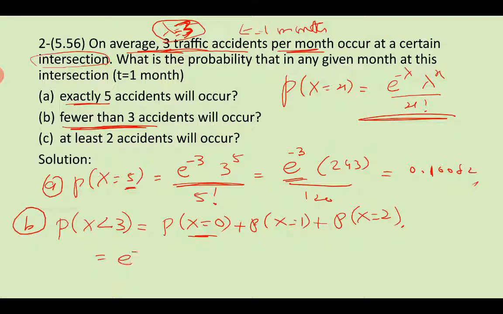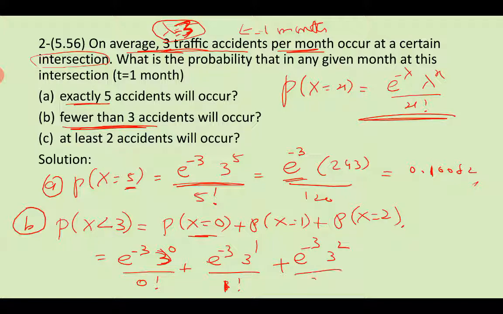When x equals 0, in this formula, e raised to minus 3 times 3 power 0 over 0 factorial, plus e raised to minus 3 power 1 over 1 factorial, plus e raised to minus 3 times 3 square over 2 factorial. The e raised to minus 3 is common. The first term gives 1, second term gives 3, third term gives 9 over 2, which is 4.5. So totally 8.5 times e raised to minus 3. Calculator will give you the answer 0.4232.